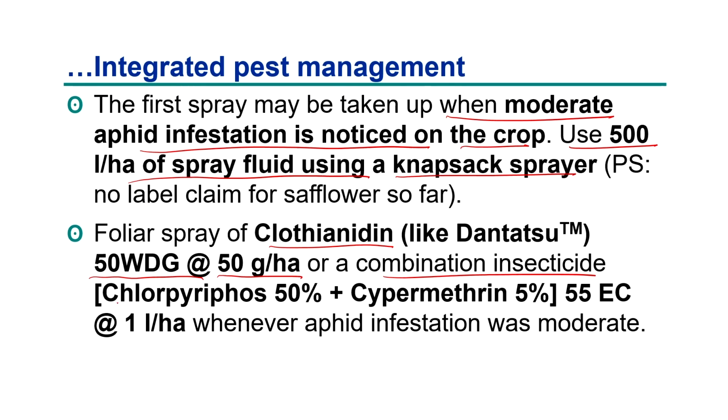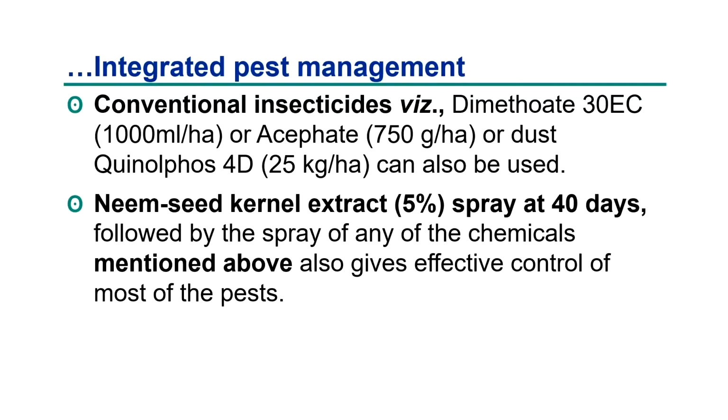One can use chlorpyrifos plus cypermethrin 55 EC at the rate of 1 liter per hectare wherever aphid infestation is moderate. Means there is a long list of insecticides that can be used to control aphids. Conventional insecticides like dimethoate or acephate can also be used, or quinalphos dust can also be used to control this insect pest.